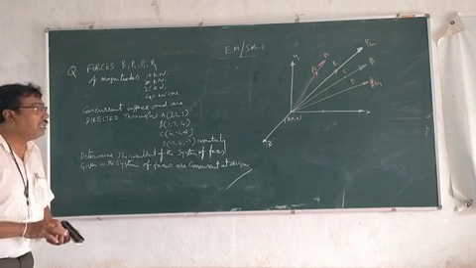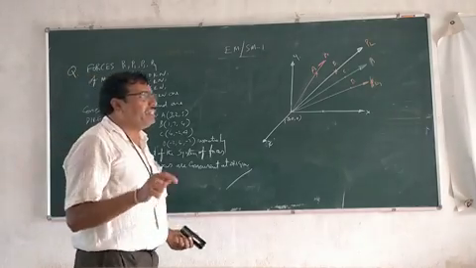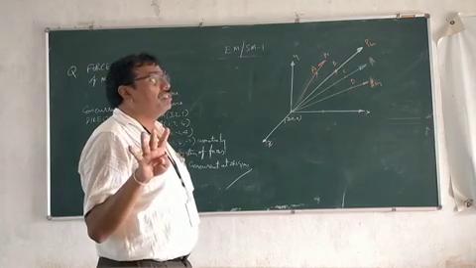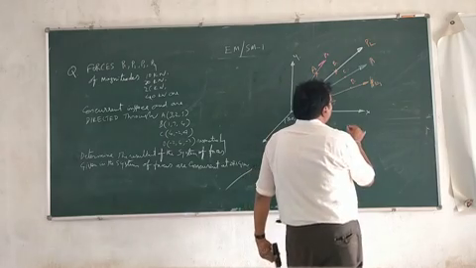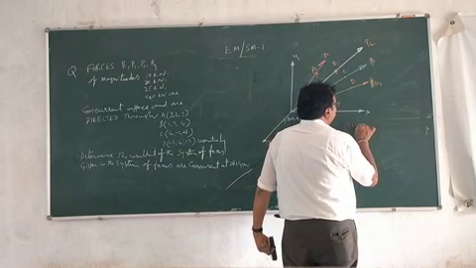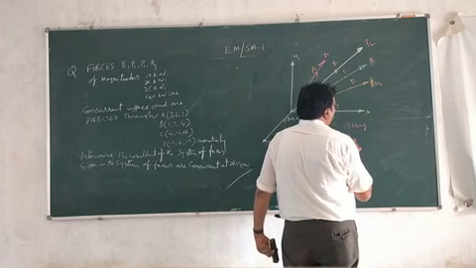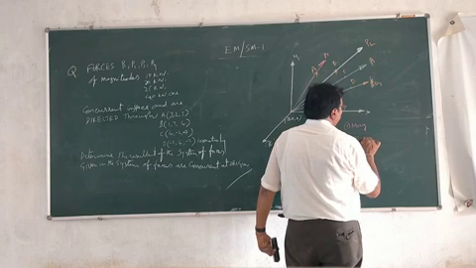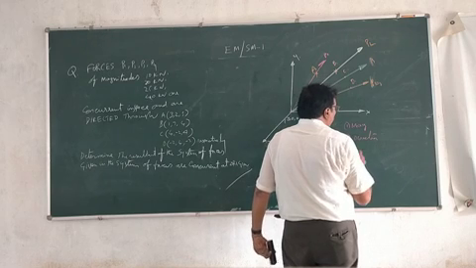How to determine it? Tell me first. Every time we determine four characteristics. Number 1, magnitude. Number 2, direction. Number 3, push or pull.